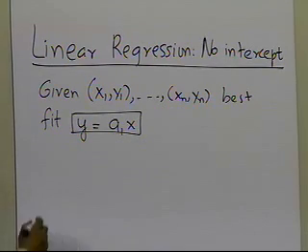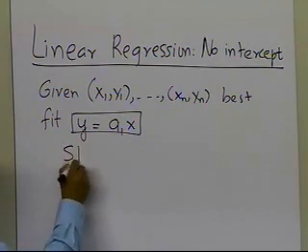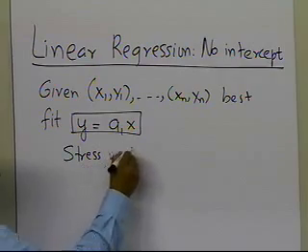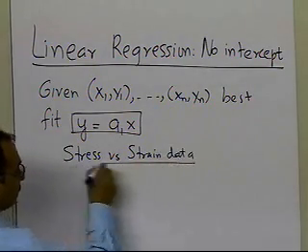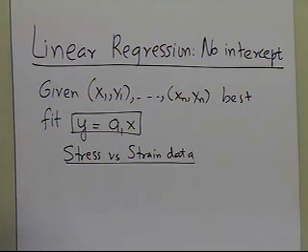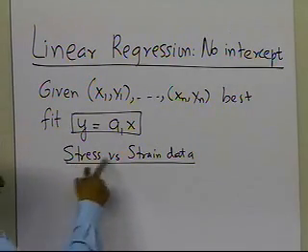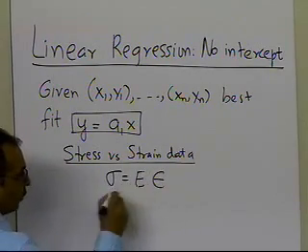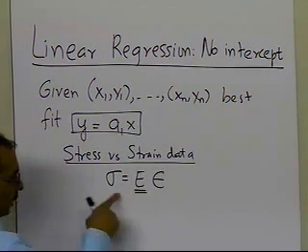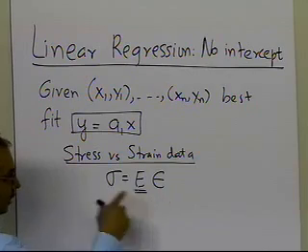A good example of this can be when you have stress versus strain data. So let's suppose you're taking stress versus strain data for a piece of steel. You may have to regress it to sigma is equal to E epsilon. So here there's no intercept in this straight line.